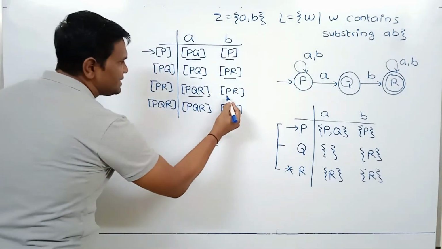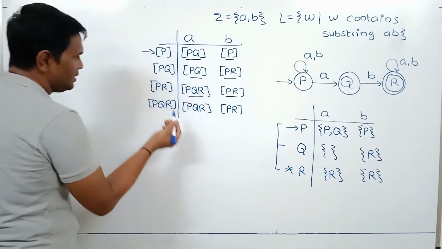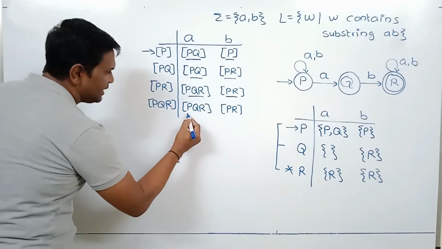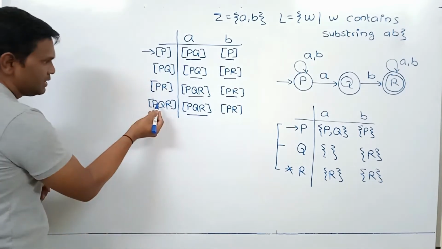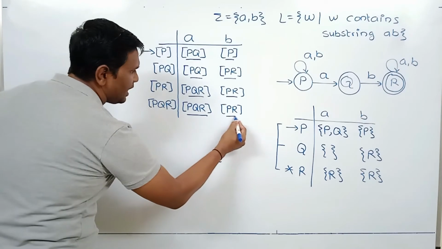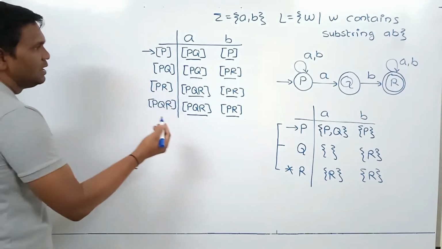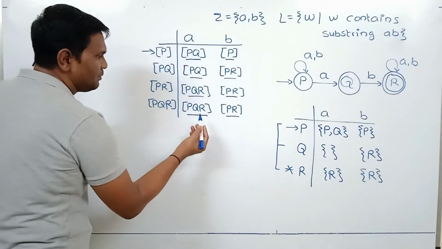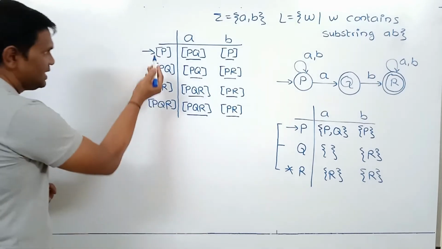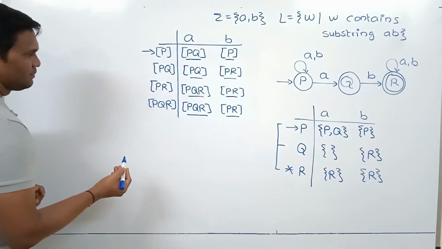So next state to consider is PR. It is already considered. Next one is PQR. It is over here. Next one is PR. It is over here. So we have considered all the states appearing in the transition table. So these are the states in DFA.